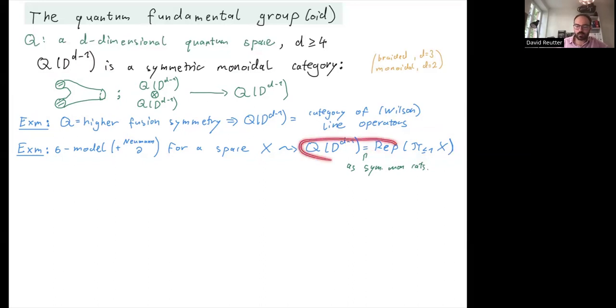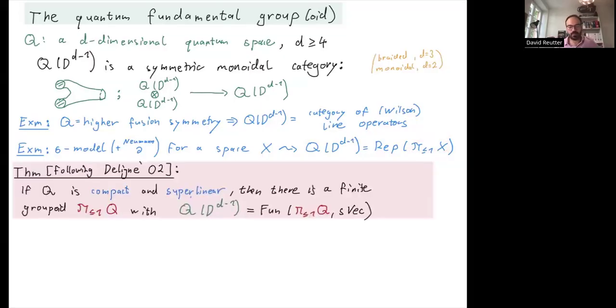Great. So for a sigma model, we know that this knows information about the fundamental groupoid. And let's think about how you can recover the fundamental groupoid in general. The idea that comes in is a consequence of a theorem of Deligne: if Q is a compact and super linear quantum field theory, this implies that Q of D^{d-1} will be a symmetric monoidal super multifusion category, for those of you familiar with the terminology.